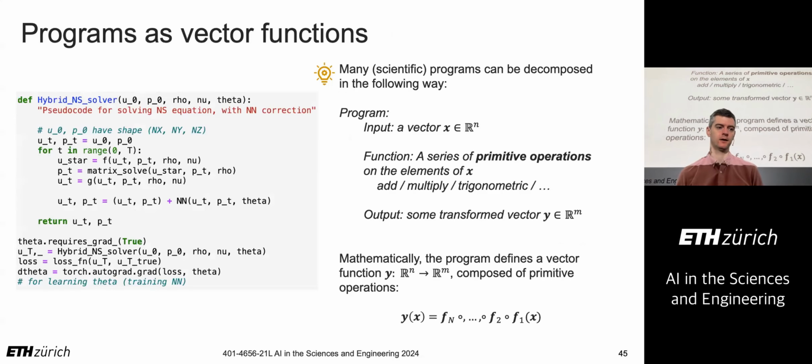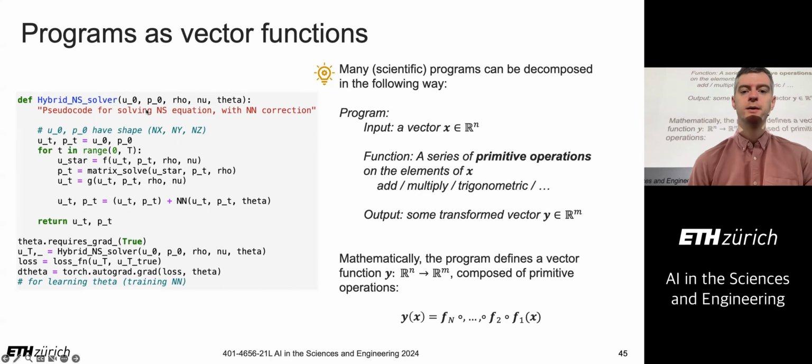So I'm going to talk about Autodiff as a general concept and how it works. What I showed you just now is that we can think of most or nearly all of our programs, or scientific programs, as simply vector functions.